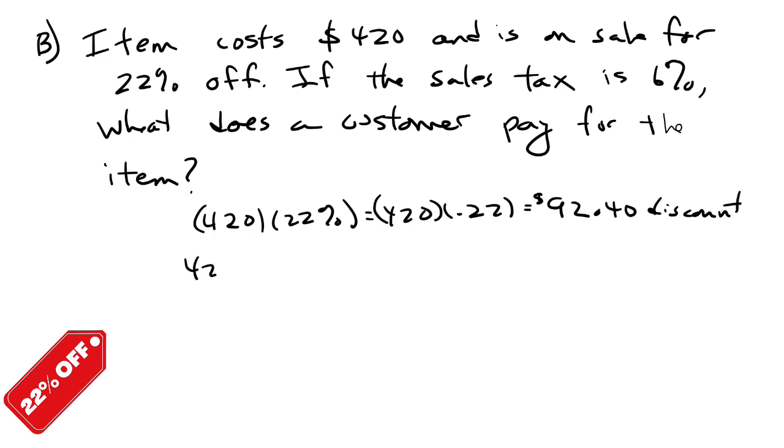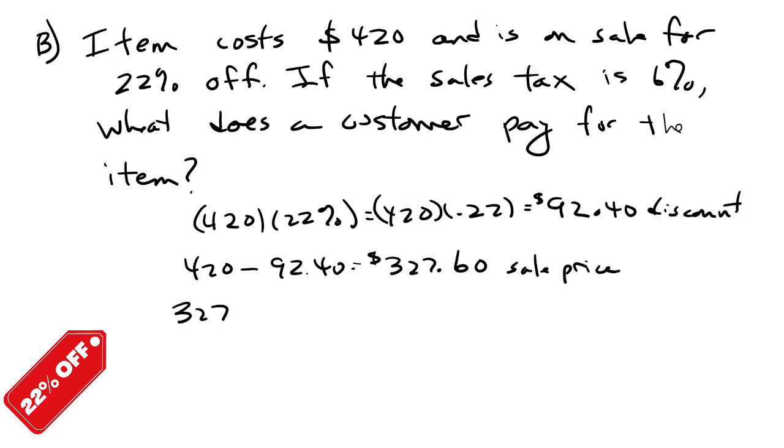So now I have to take 420 and subtract $92.40. That gives me $327.60. This is the sale price. So now I need the sales tax.